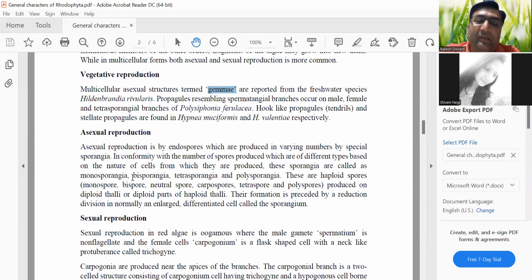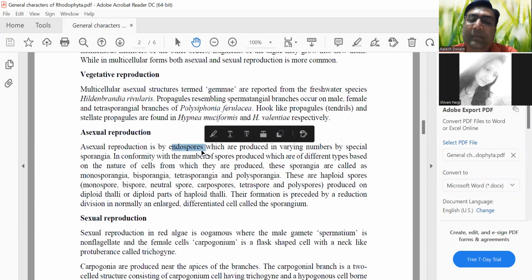Asexual reproduction takes place by the formation of endospores. There are different types of endospores, which are produced in varying number by special sporangia. These endospores are found inside the thallus, so they are known as endospores. When the spores are found outside of the thallus, they are known as exospores.